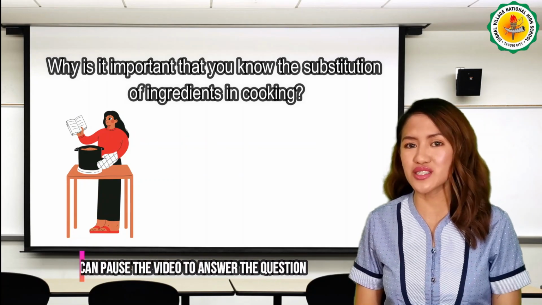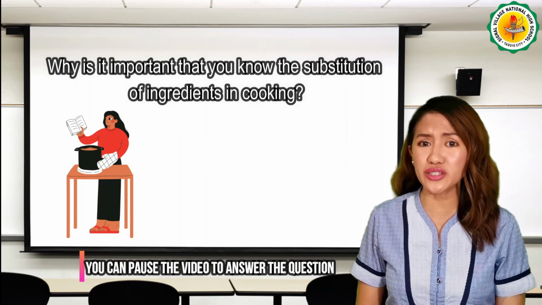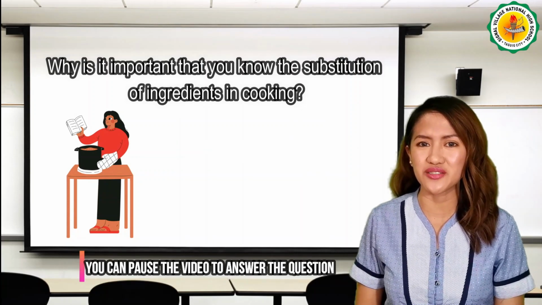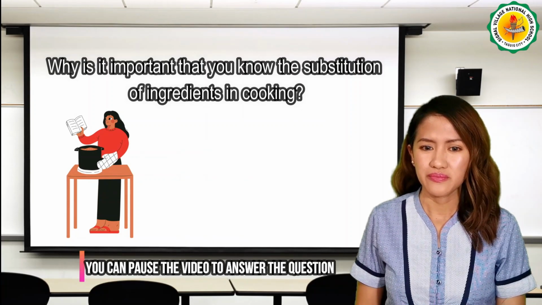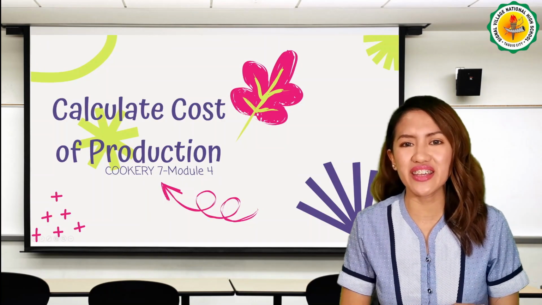Very good for those students who are now trying to answer this question. I know that you can answer this because we discussed it in our past lesson. Very good, my dear students.